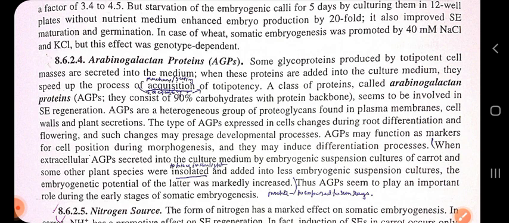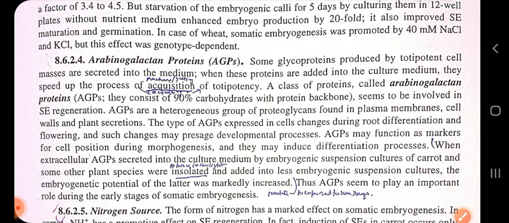A class of protein called arabinogalactan protein, consisting of 90% carbohydrate with a protein backbone, seems to be involved in somatic embryo formation. This arabinogalactan protein, also known as AGP, is a heterogeneous group of proteoglycans. That means they are not uniform; they are of different groups, and they are found in the plasma membrane.